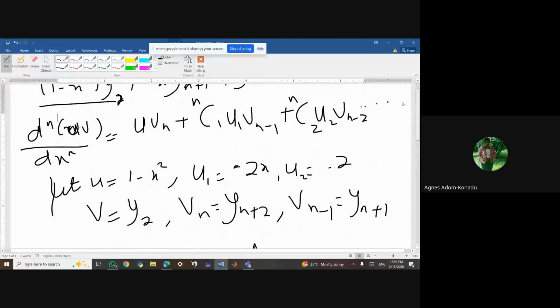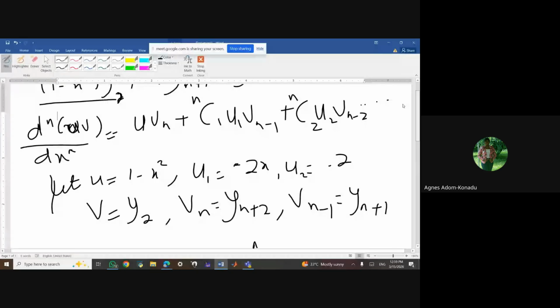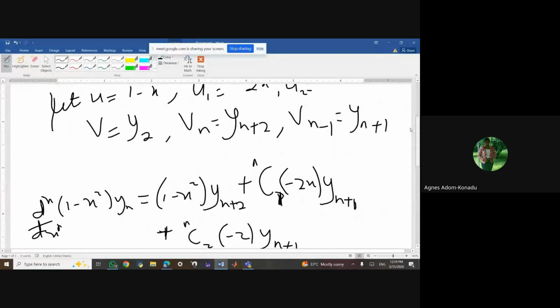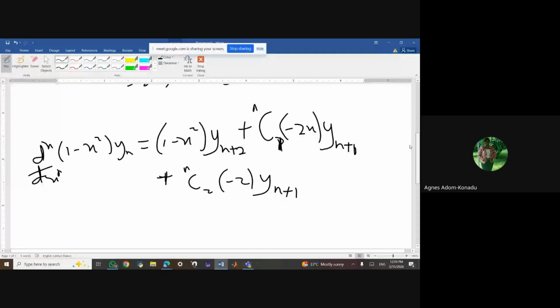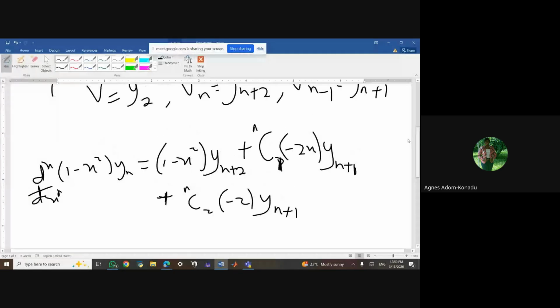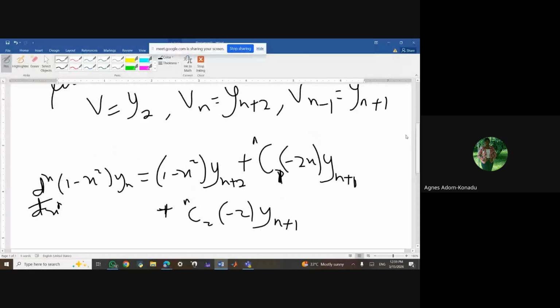The next one is n combination 2, then the second differential of U, which is negative 2. And then the next one is V subscript n minus 2, which is y subscript n.